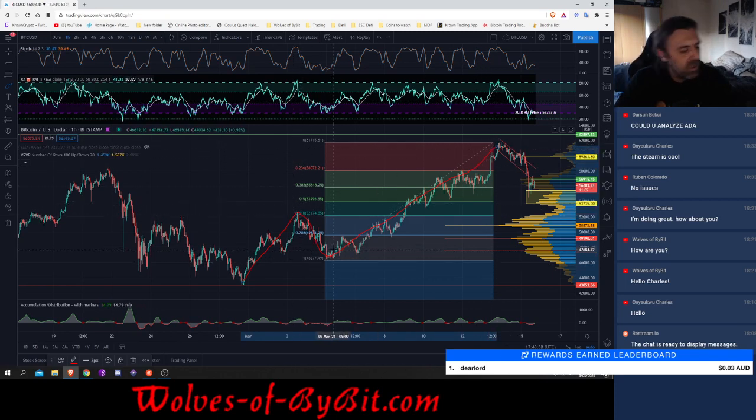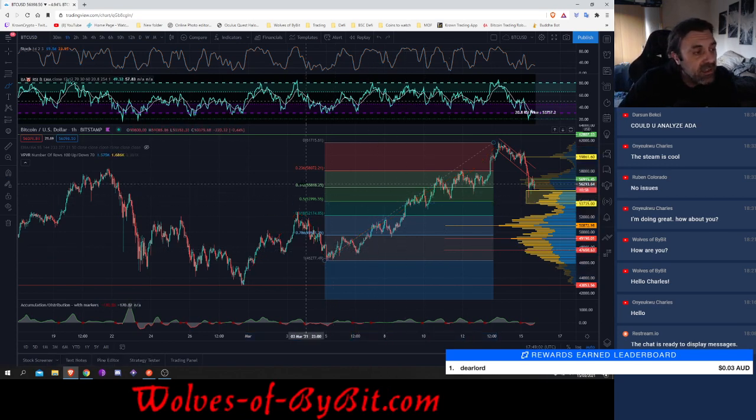So I think it's better to do the Fibonacci retracement from here, and this will give us the 382 right where we are at right now, the 618 just above this volume node, and the 786 right here on the second tip of the volume node below. So yep, this is more or less it.